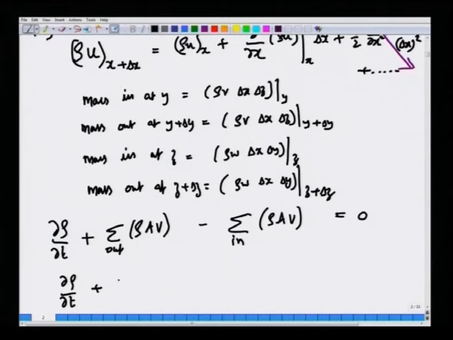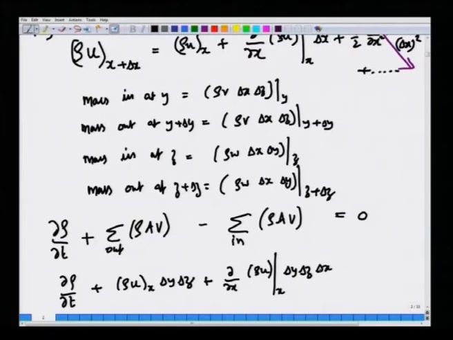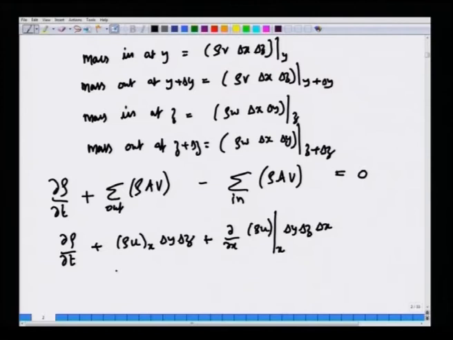For the face at x, the outlet mass flow rate is rho u at x times delta y delta z, plus d dx of rho u at x times delta y delta z times delta x, that is the Taylor series expansion. We are neglecting higher order terms. Minus the inlet flow rate at the x face, which is rho u at x times delta y delta z.